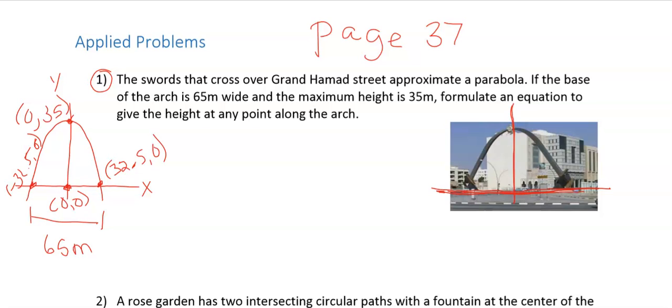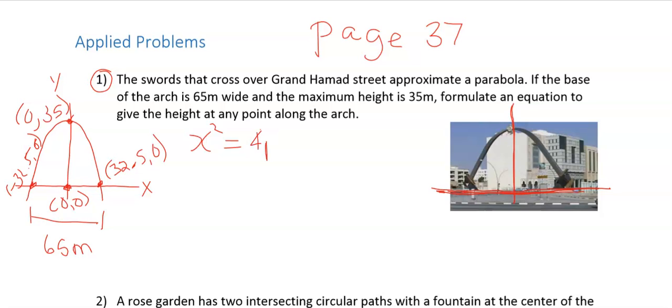The fact that it's opening downward tells me that the x part is squared. The vertex is 0 and 35, so it's going to be x minus 0. Well, you don't need the minus 0 in that case. So it's just going to be x squared on the left-hand side equals, and don't forget there's a coefficient, some kind of number.